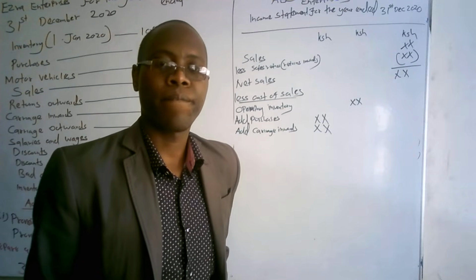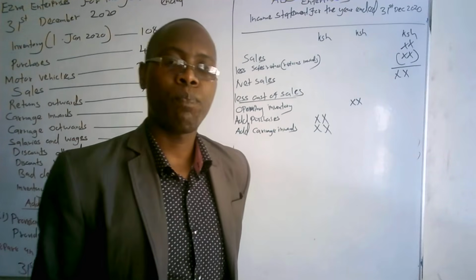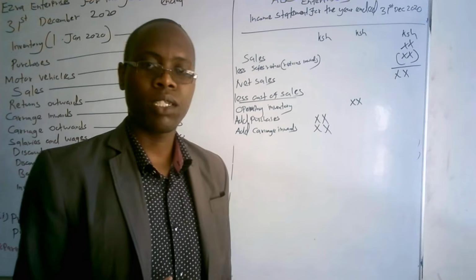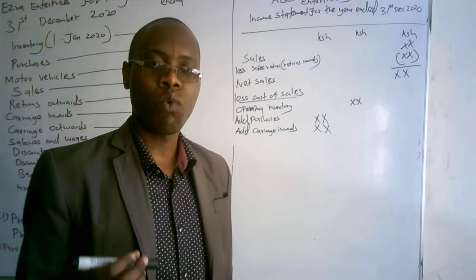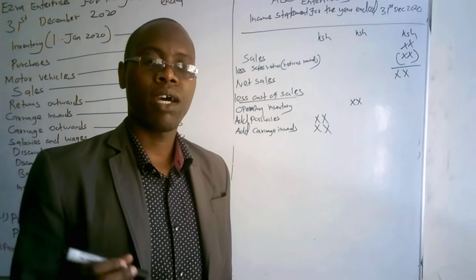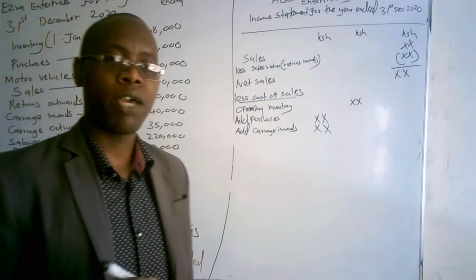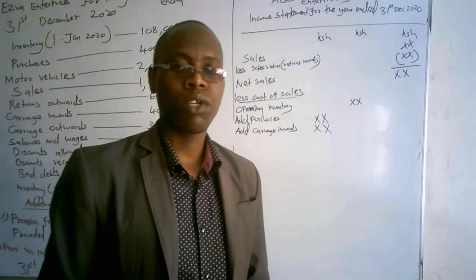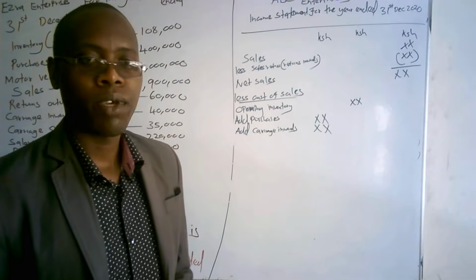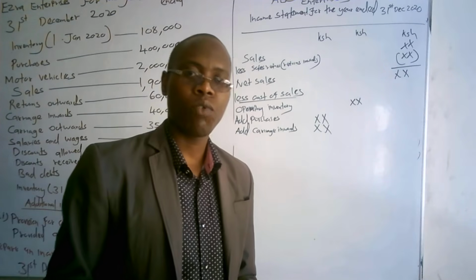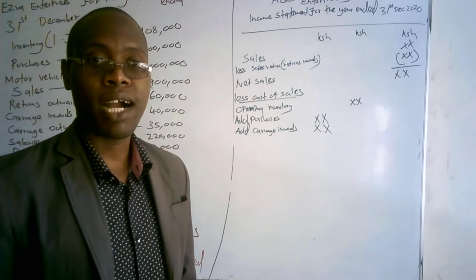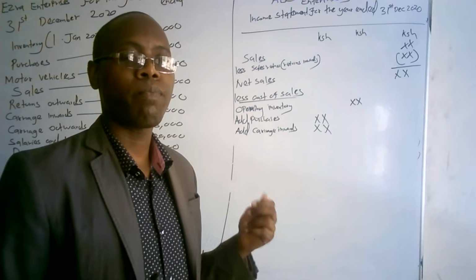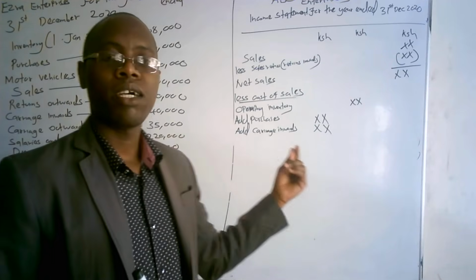So you hire a vehicle and you pay the vehicle for those transportation services of transporting the goods from the point of purchase to where you are going to sell those commodities. So that transportation cost that you have paid the owner of that vehicle for transporting your commodities is what we call carriage inwards. It's part of the purchases cost. So if you are going to have the carriage inwards, then it's going to be added to the purchases.